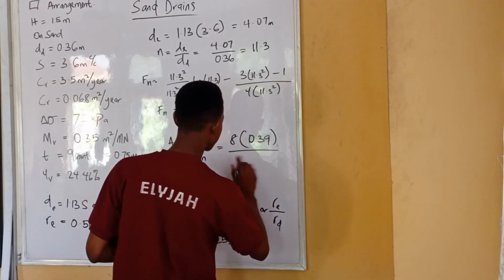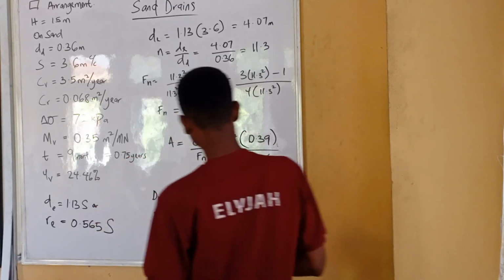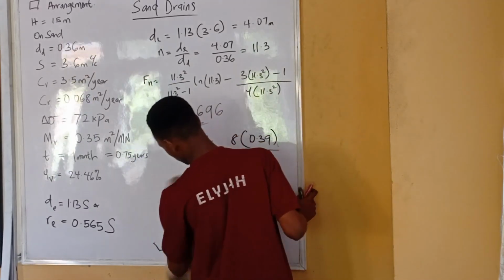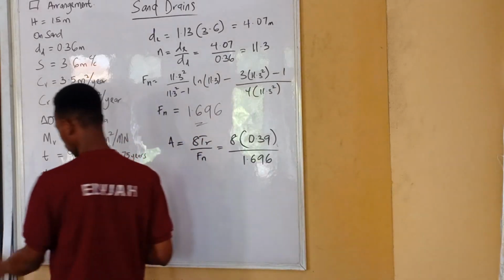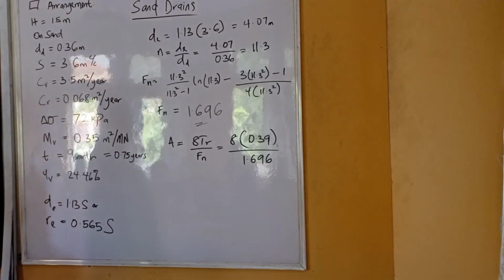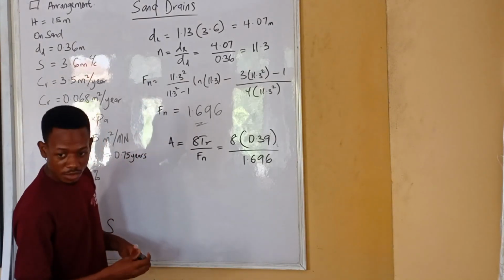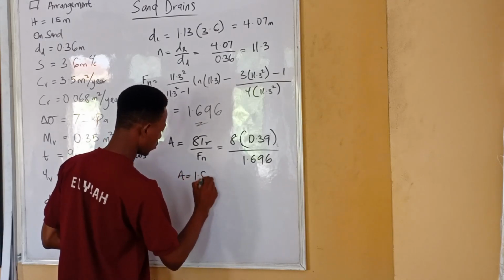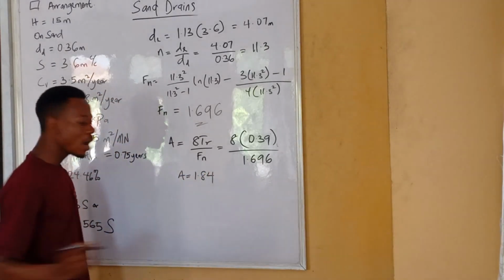Then our Fn is 1.696. Okay. So 1.84. So now we can get our UR.